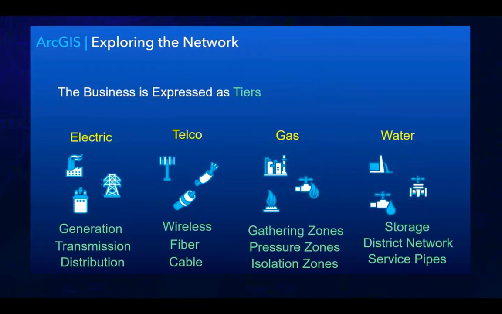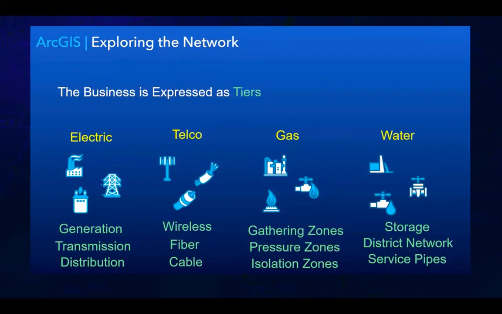Some utilities could have a partition or a sequential tier, such as electric or telephone. Others have a nested tier. We call that hierarchical. They could be like gathering zones, pressure zones, storage, or district network, or service pipes.